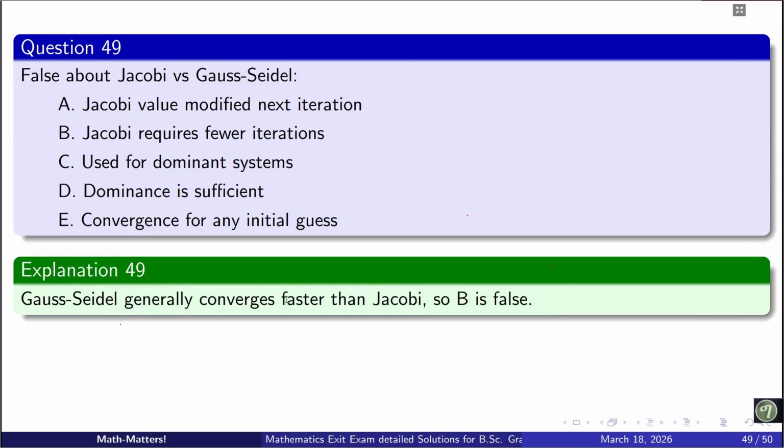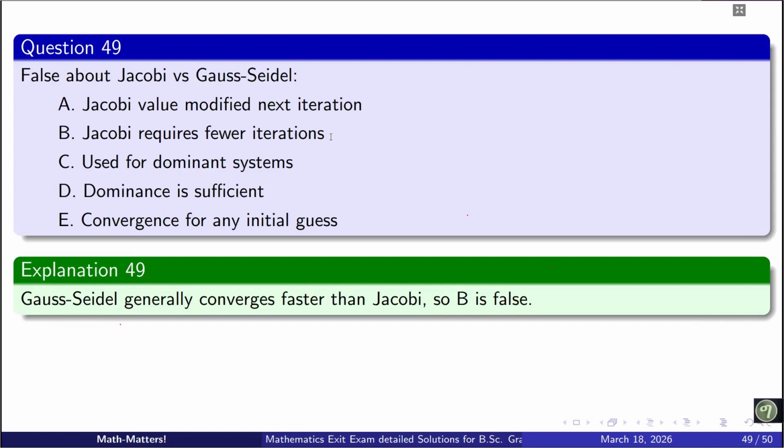Gauss-Seidel generally converges faster than Jacobi, because the Gauss-Seidel method is a modification of Jacobi. Therefore, it converges faster to the exact solution of the given equations. So B, Jacobi requires fewer iterations, is false.